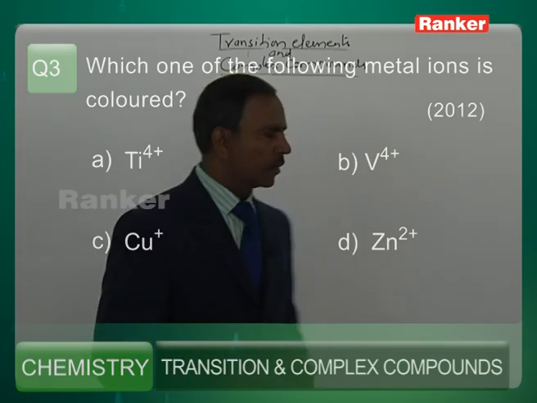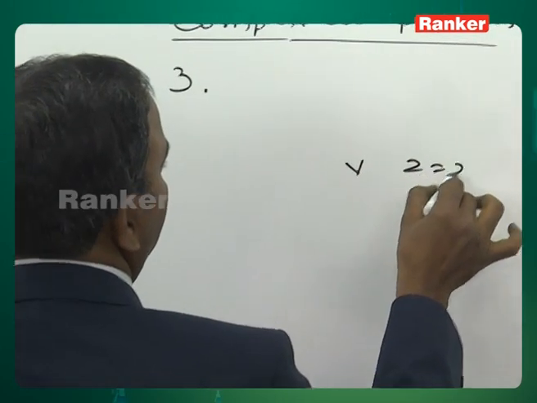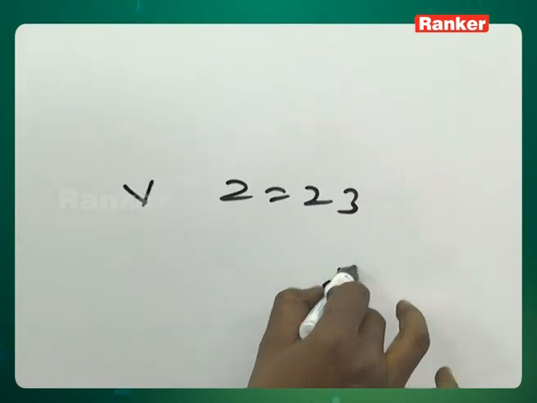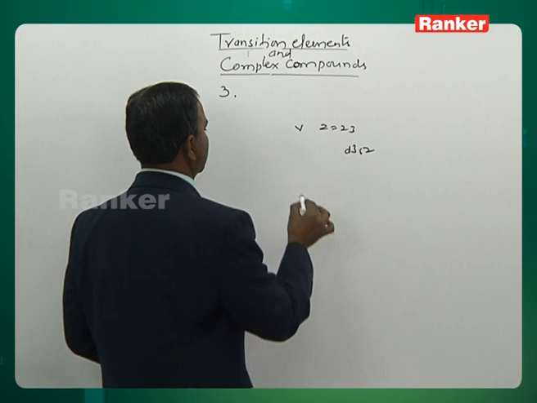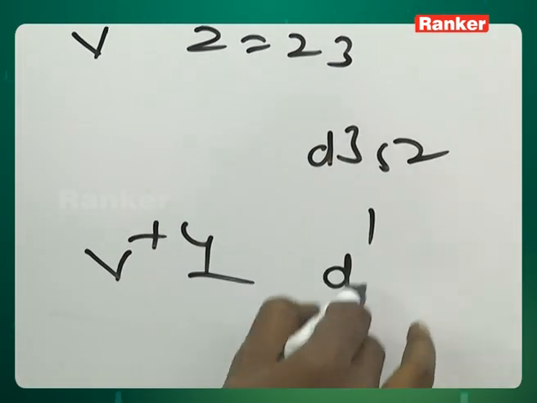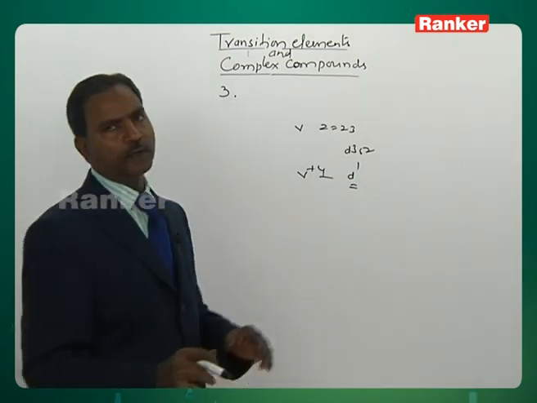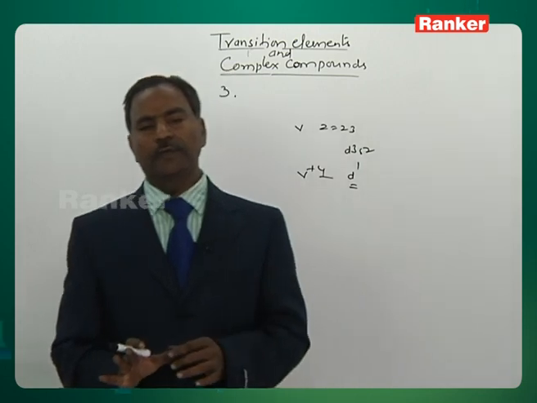Vanadium atomic number is 23, it is 3d3 4s2. Vanadium plus 4 is given, right? 4 electrons lost. How many unpaired electrons remaining? 1. I said wherever a metal ion is carrying unpaired electrons, that will be exhibiting color.